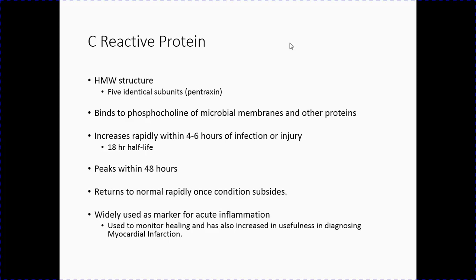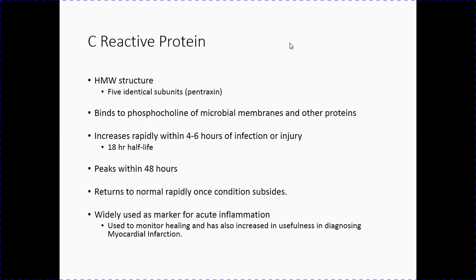C-reactive protein can also bind to other chemical constituents of bacteria, fungi, and parasites, like peptidoglycan, the ribonucleoproteins, and phospholipids. By binding to those chemical constituents, it makes those microbes more susceptible to phagocytosis.